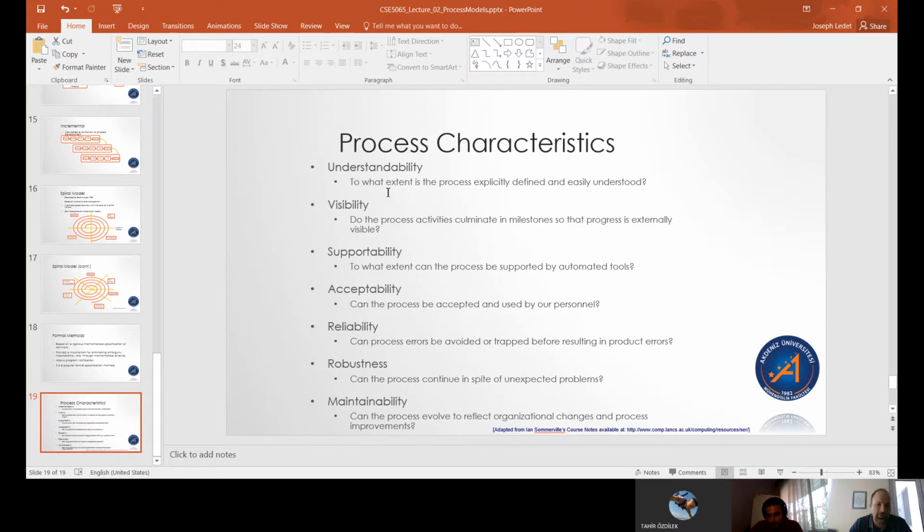So the automated tool, as far as the supportability is concerned, so the acceptability, and that's probably the biggest one. We call this buy-in. If the personnel, if the software developers, don't believe in the process, then we're going to have problems because no one's going to want to use it.